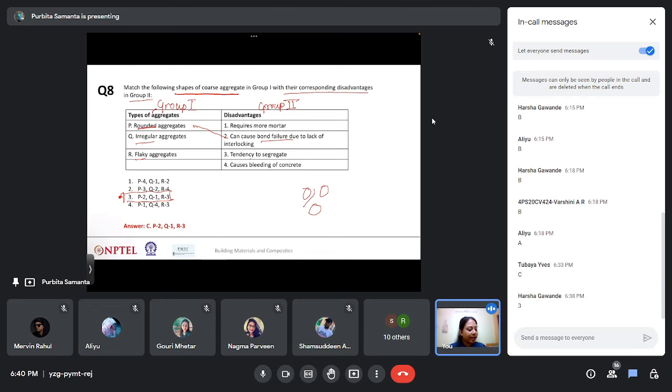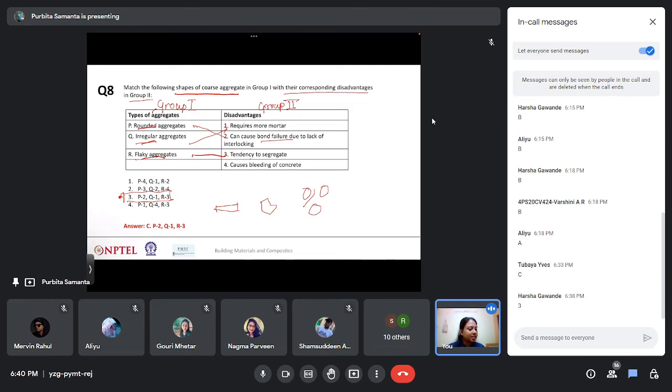Then we have irregular aggregates. So irregular aggregates are better, but however, due to the presence of different faces or many surfaces rather, it requires more mortar. And there can be flaky aggregates also. So flaky aggregates are something like this. They also have this tendency to segregate.